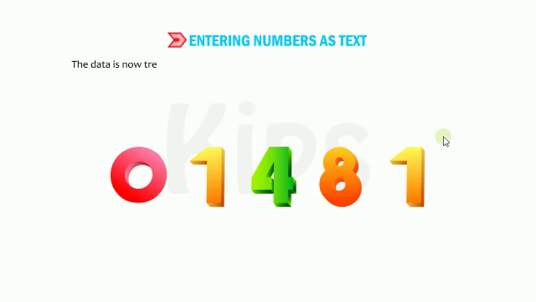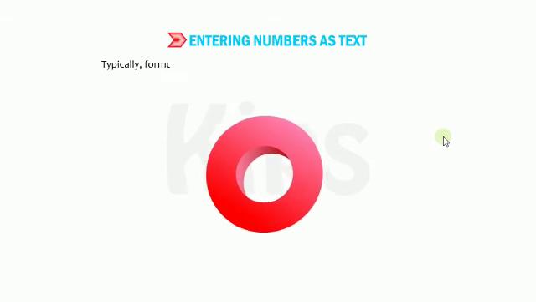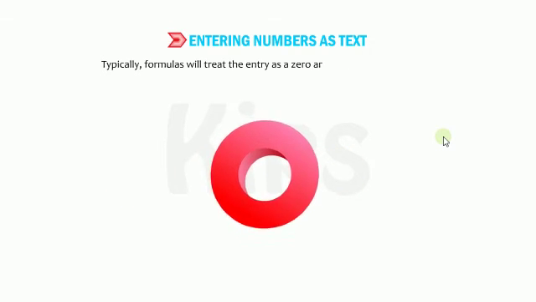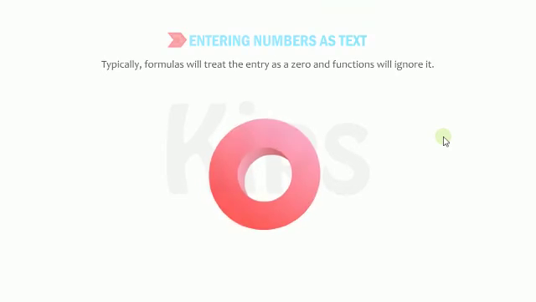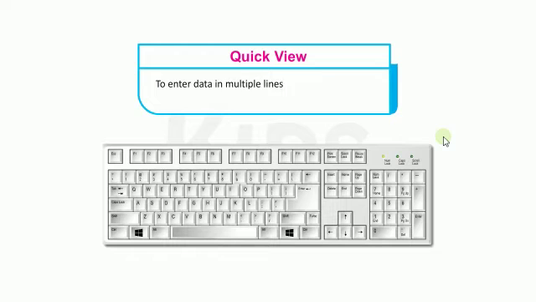The data is now treated as text and displayed in the same format as it has been entered. Typically, formulas will treat the entry as a 0 and functions will ignore it. Students, let's take a quick view. To enter data in multiple lines in the same cell, use Alt+Enter key combination.